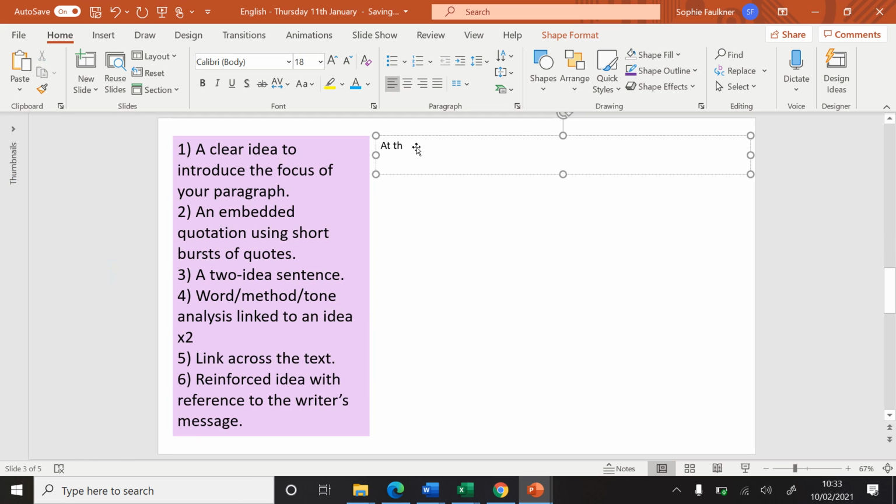We know how to write points, we're good at this, so I'm going to write at the beginning of the novel, Shelley presents the creation as, and now I need my idea to answer the question, so I'm going to say as a victim of prejudice.